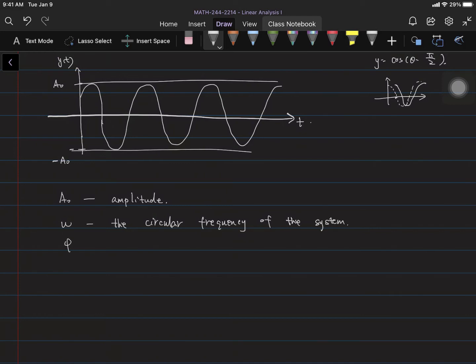And phi is called the phase of the motion, like a shift, how much we shift. Frequency, phase of the motion.